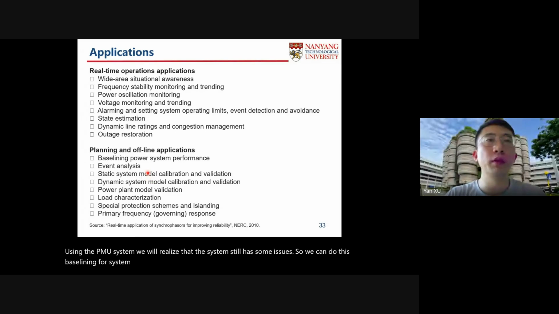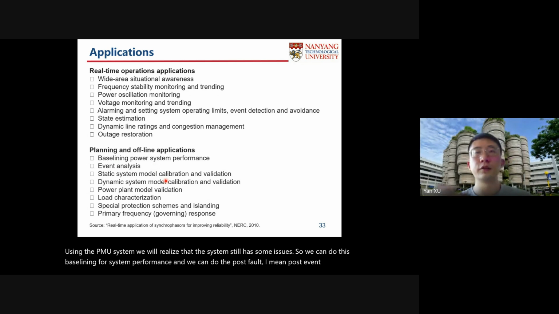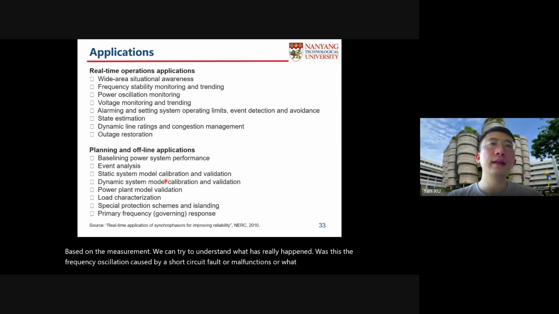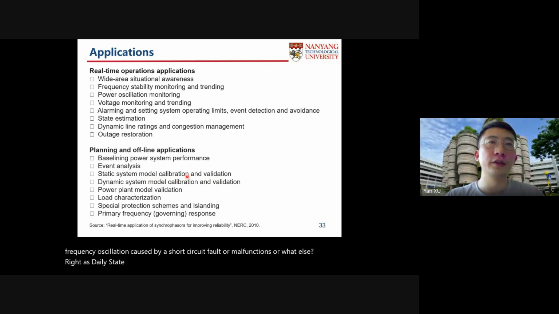And we can do the post-fault, post-event analysis. Based on the measurement, we can try to understand what has really happened. Was this a frequency oscillation caused by a short circuit fault or malfunctions or what else? Right, a steady state model calibration and validation, and the dynamic system model calibration and validation.